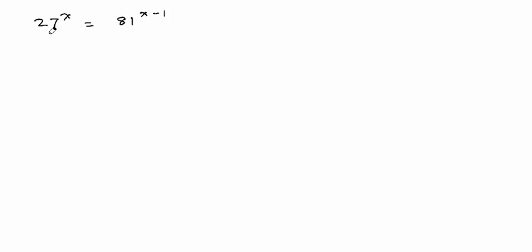Now, if you look at this number 27, 27 can be written as 3 times 3 times 3. 3 times 3 is 9, 9 times 3 is 27. In the same way, 81 can be written as 3 times 3 times 3 times 3. 27 times 3 is 81. Another way to do that is 3 times 3 is 9, 3 times 3 is 9, and 9 times 9 is 81.